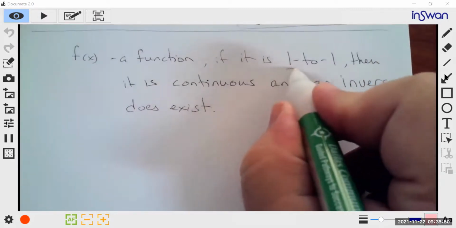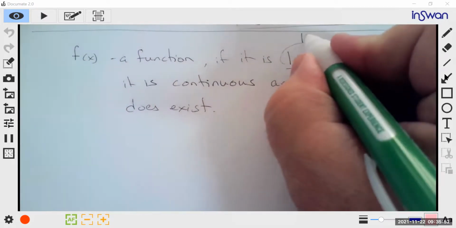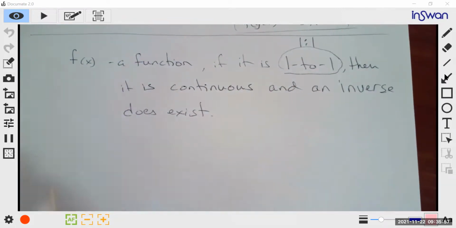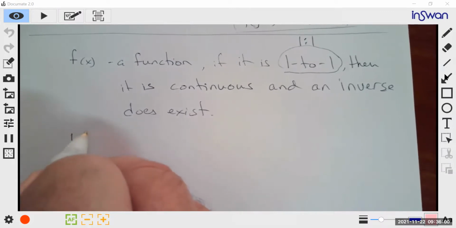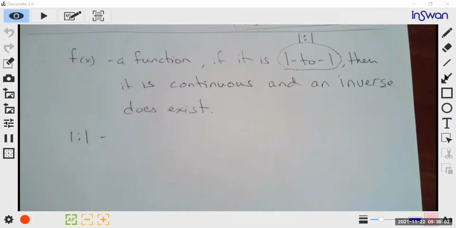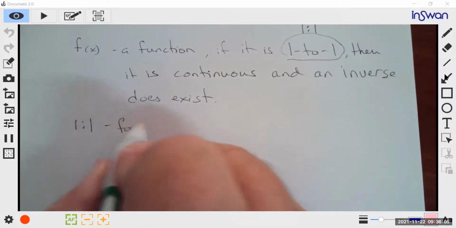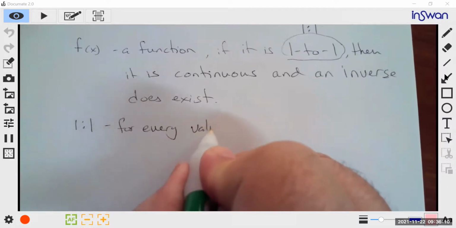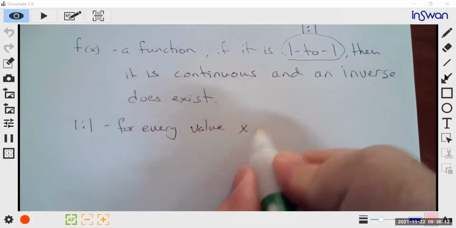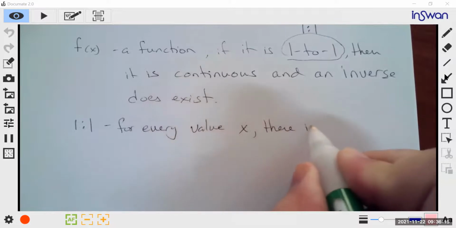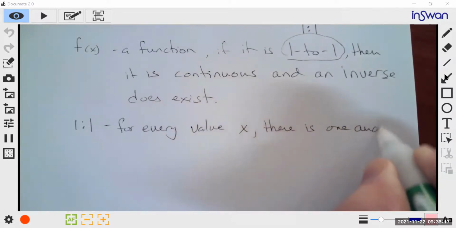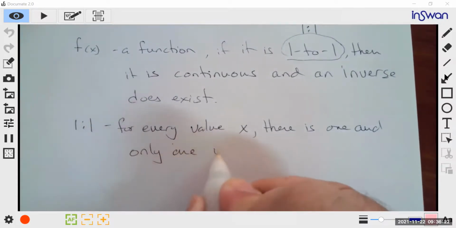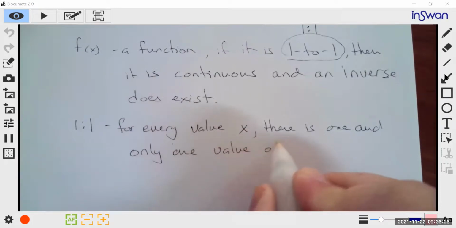Now, what is one-to-one? I'm using this symbol from now on, 1 to 1. One-to-one means this: for every value x, there is one and only one value of y.